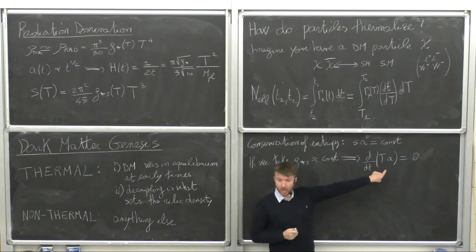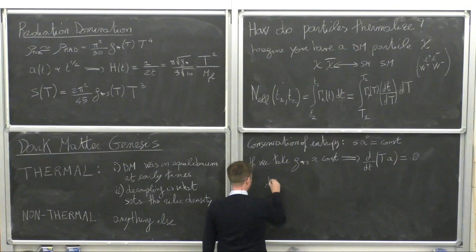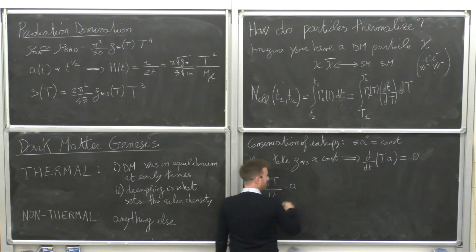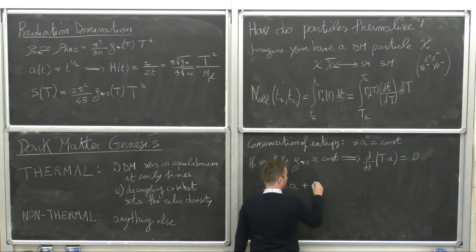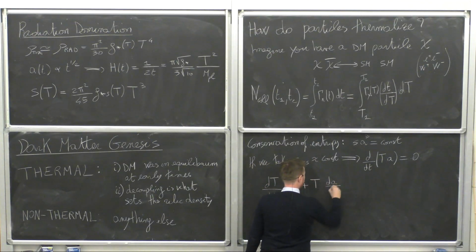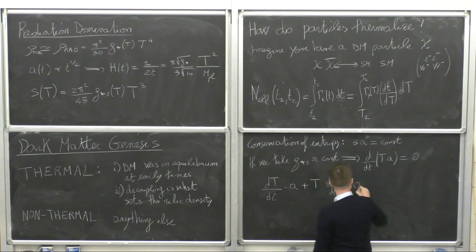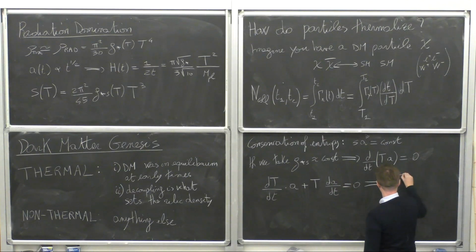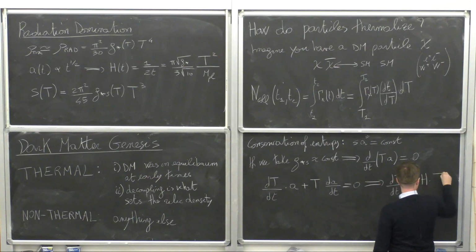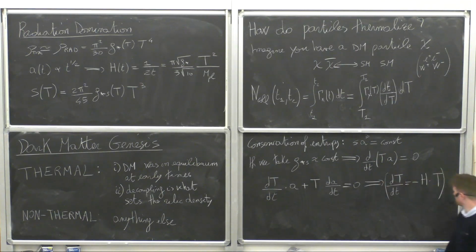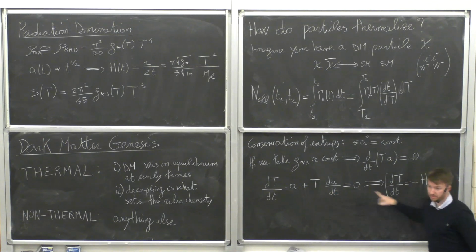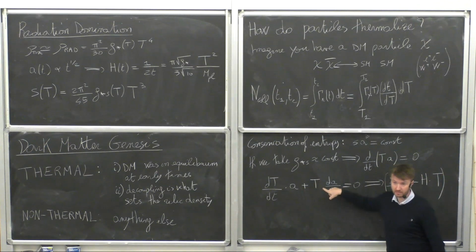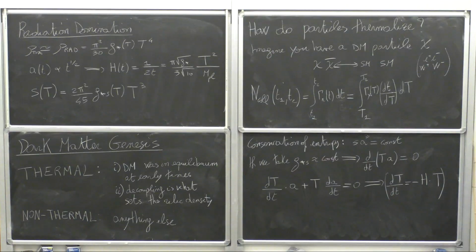Let me develop these derivatives, and I find something very useful. Because I find dT/dt times a plus T da/dt equals 0, Leibniz rule for the derivative. And finally, I find that the Jacobian I was looking for is minus H times T. Going from here to here just requires dividing by a, and you recover the Hubble rate. Hubble is a dot over a.